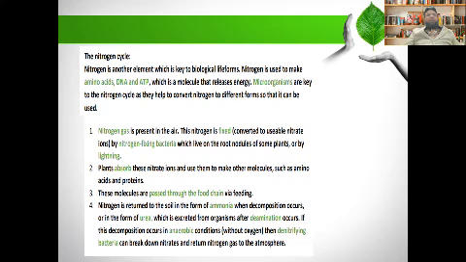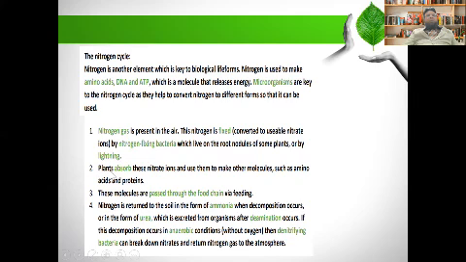Basically, there are two processes in which atmospheric nitrogen is converted into nitrate. The first process is lightning, and the second is nitrogen fixation. And this nitrogen fixation is carried out by some specific bacteria which live in the nodules of the plant. These bacteria are called nitrogen fixing bacteria.